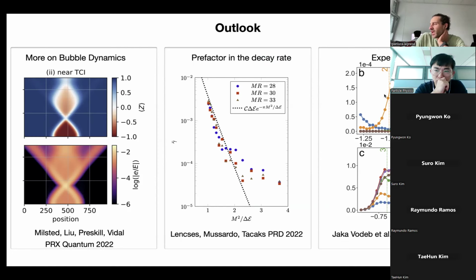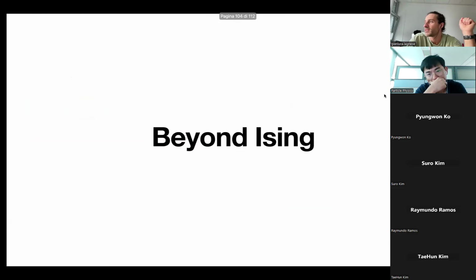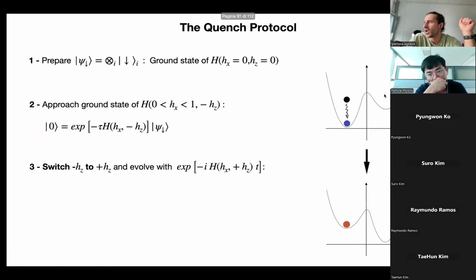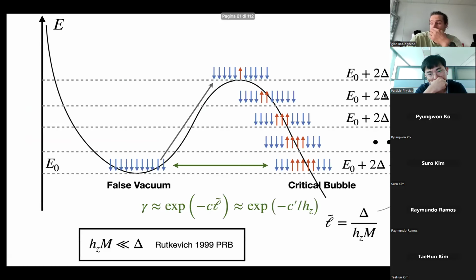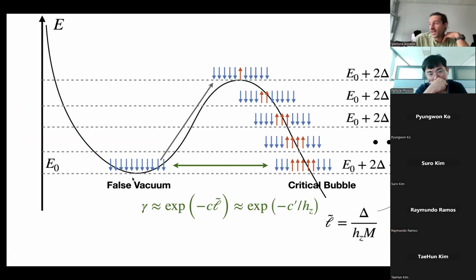And then there is this other interesting experiment. It's recent. They work in a limit which is quite different from the limit of our numerics, because they are working in the small transverse field limit, but they are testing some nice effect. In the small transverse field limit, what you can do, maybe this is easy to understand from this picture, is that by changing this longitudinal field, you can match exactly the false vacuum with the critical bubble.